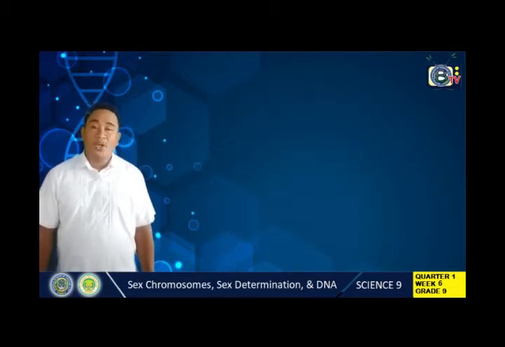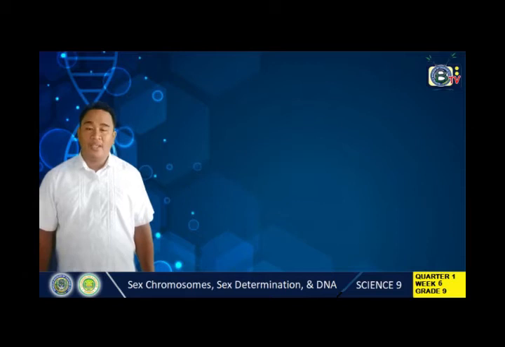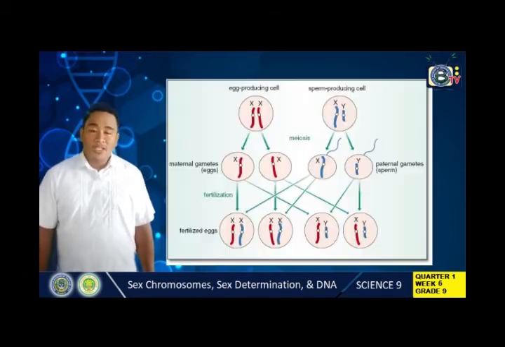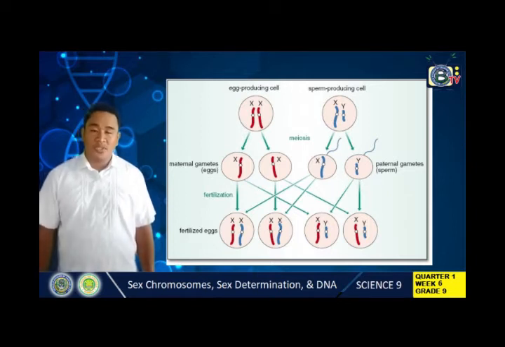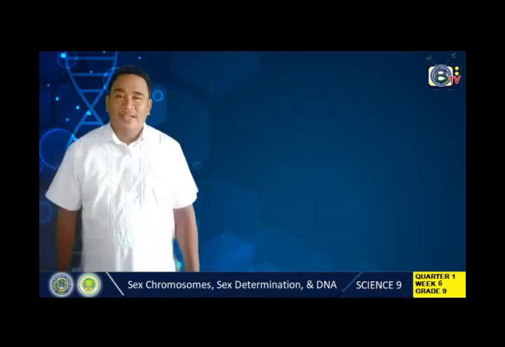Observe this figure for better understanding. This figure shows the distribution of X and Y chromosomes when sperm and egg cells are produced. The sex of an individual is determined at fertilization.